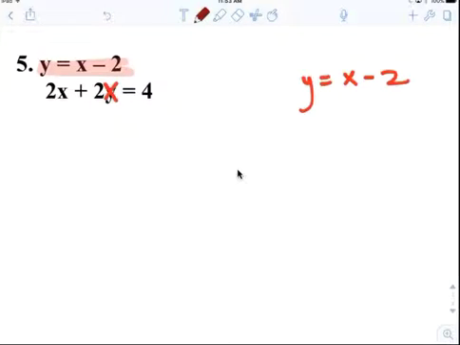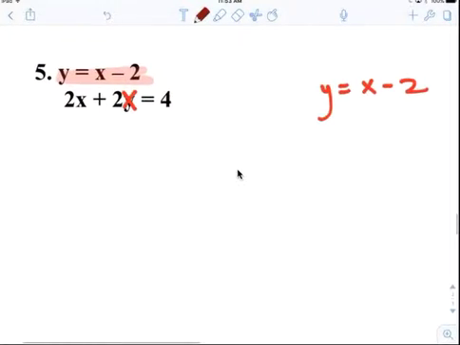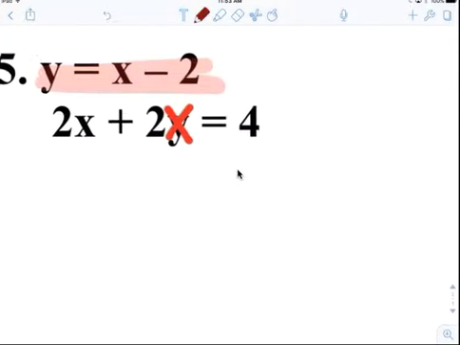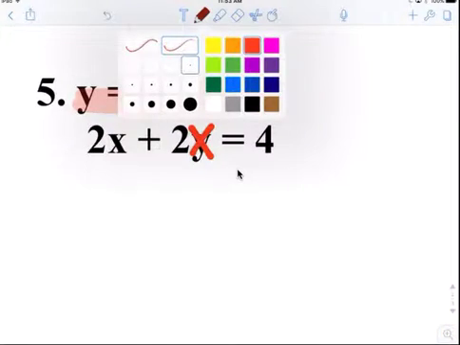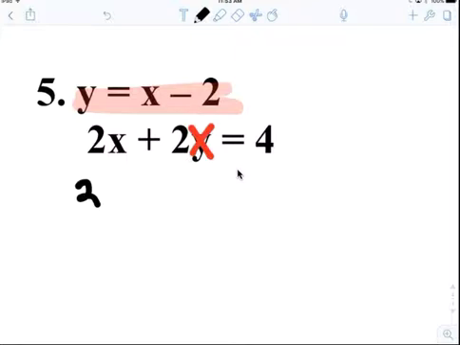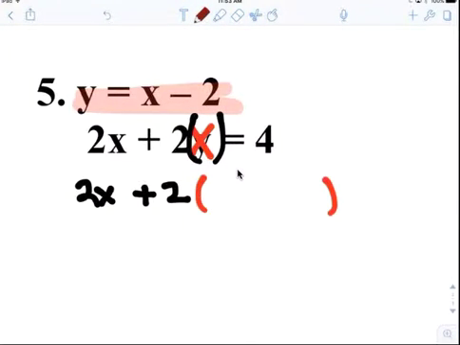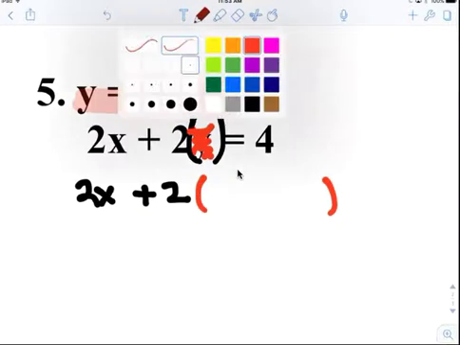Substitute the y for x minus 2. 2x plus 2. Put parentheses around that because it's in the middle. And then equals the 4.